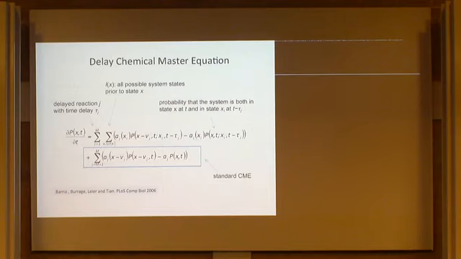So then we also did some work on the delay chemical master equation that we introduced in this paper. Since our model only included delayed non-consuming reactions, our DCME had these four terms, so two here. Here we introduce a delay, and this is a standard CME for all non-delayed reactions.